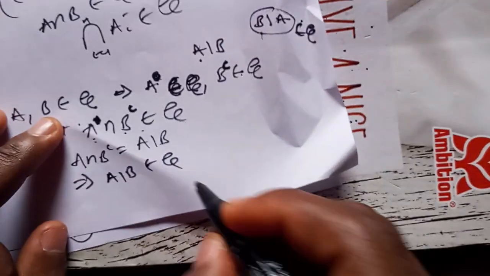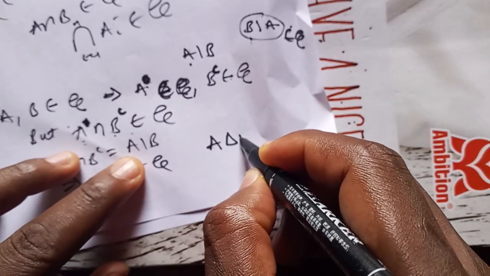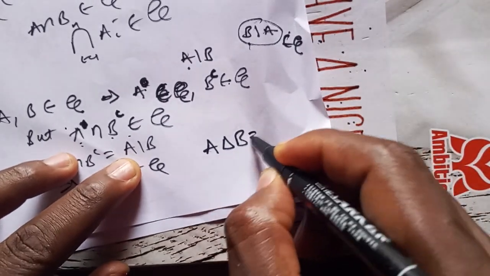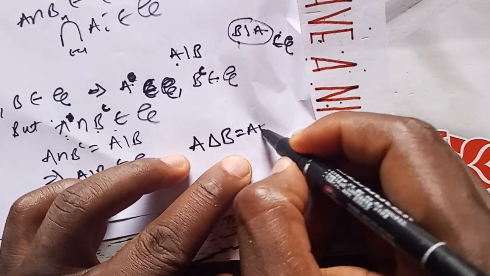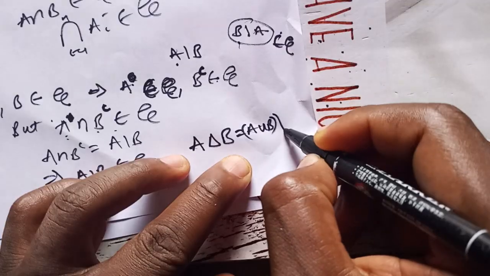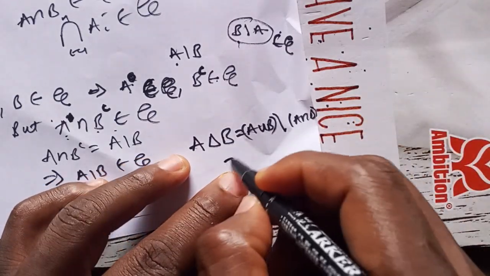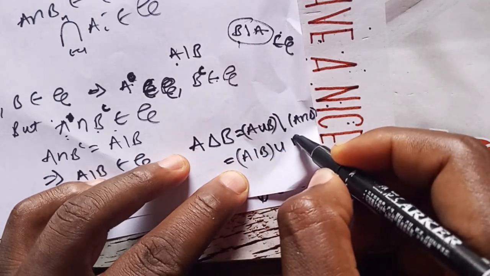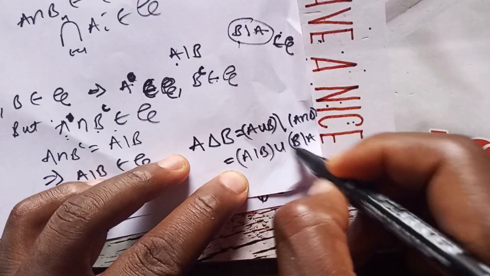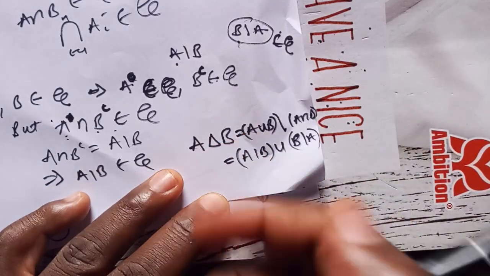Now, finally, the symmetric difference of two sets, A symmetric B, which is defined as A union B difference A intersect B, which is also defined as A difference B union B difference A. This symmetric difference is also in the algebra.